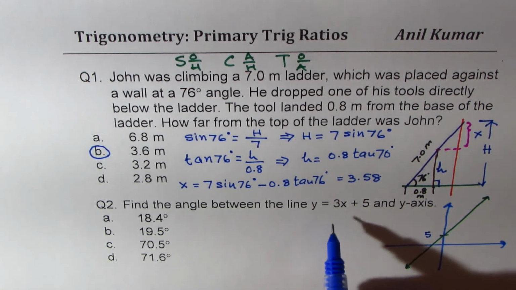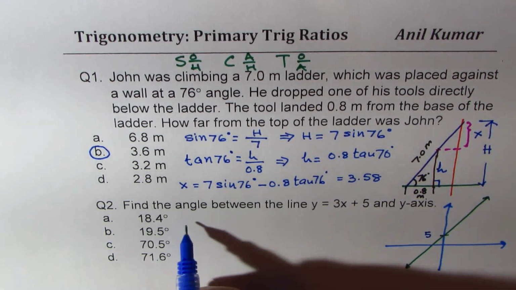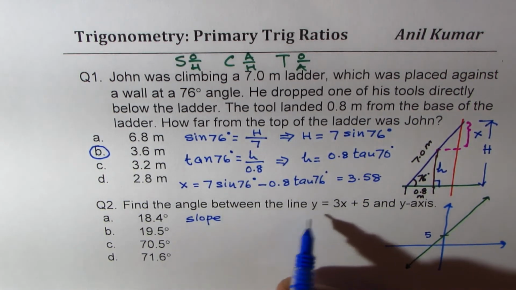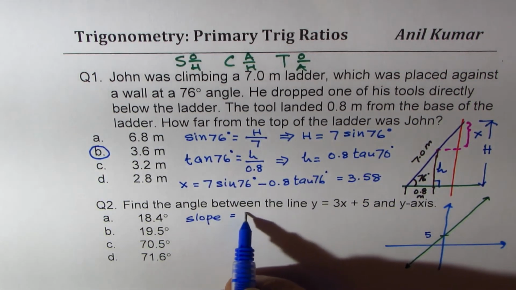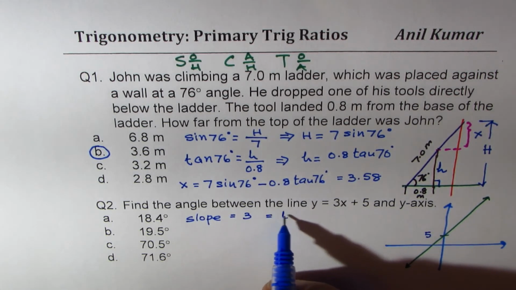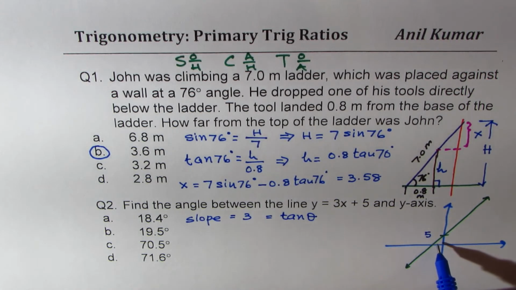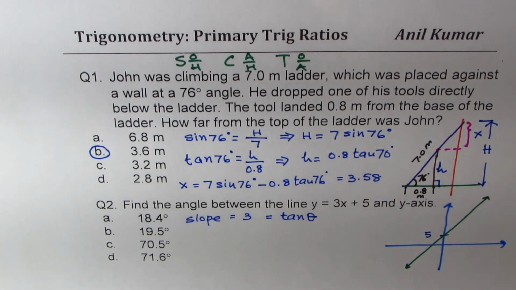Now, how is slope related to angle? You learned initially that slope, which is in this case equal to 3, is the same as tan of theta, where theta is the angle with the x-axis.